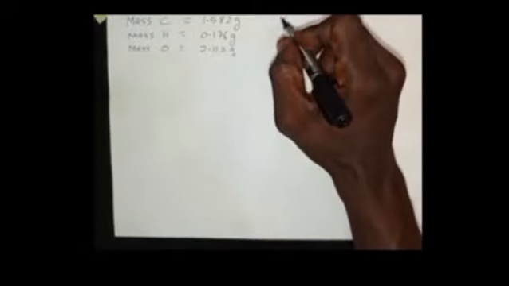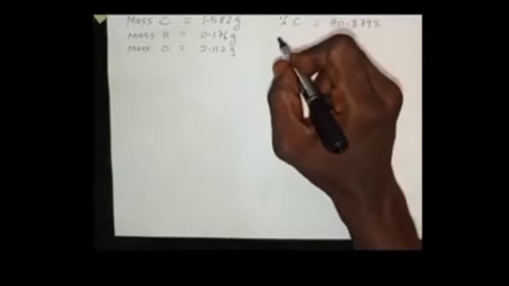Then we're also able to calculate the percentage of carbon, which was 40.879%. Then the percentage of hydrogen is about 4.548%.